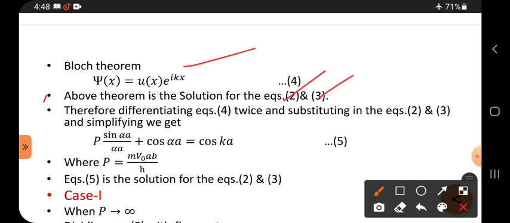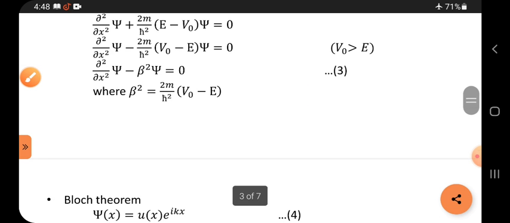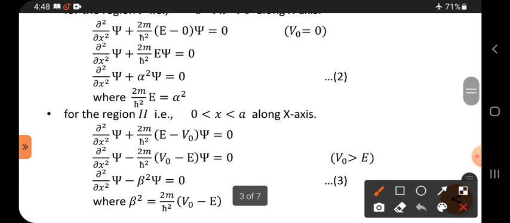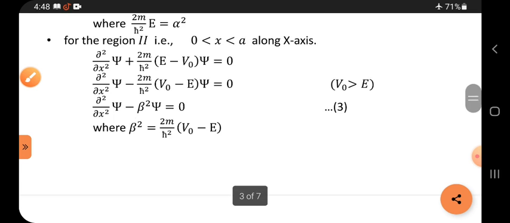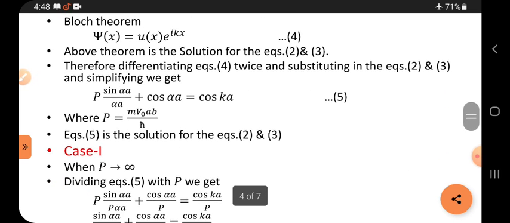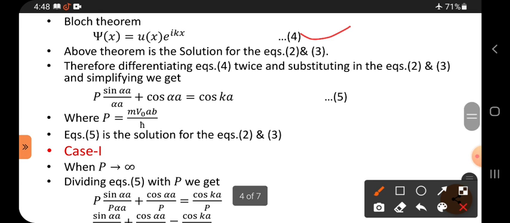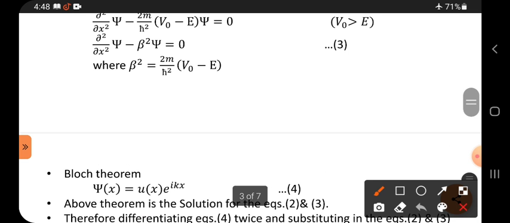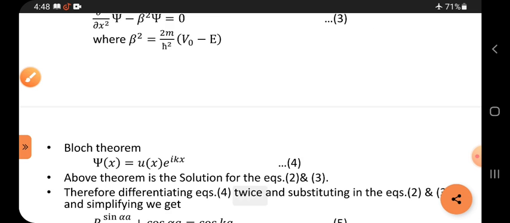Just now I said the solution for the differential equations. The third equation and the second equation are both second order differential equations, so for them the solution is the fourth equation. Therefore we differentiate equation 4 twice. Why twice? Because ∂² means second order, twice.